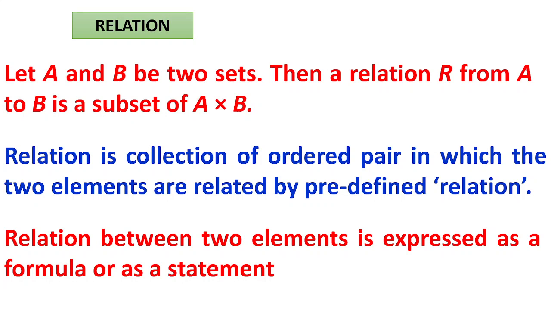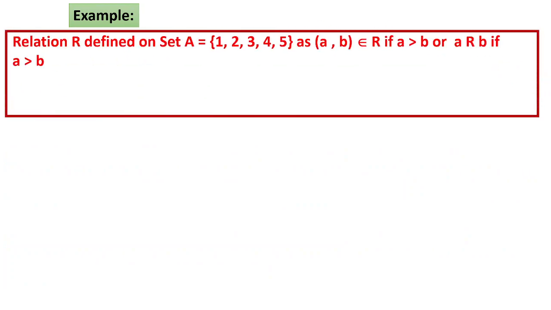Let us try to recollect some relations which we have seen in class 11. Examples. Let us take the relation R defined on the set A = {1, 2, 3, 4, 5} as: a is related to b, that is (a, b) belongs to R, if a is greater than b. Now which elements will come? We have to select some elements.